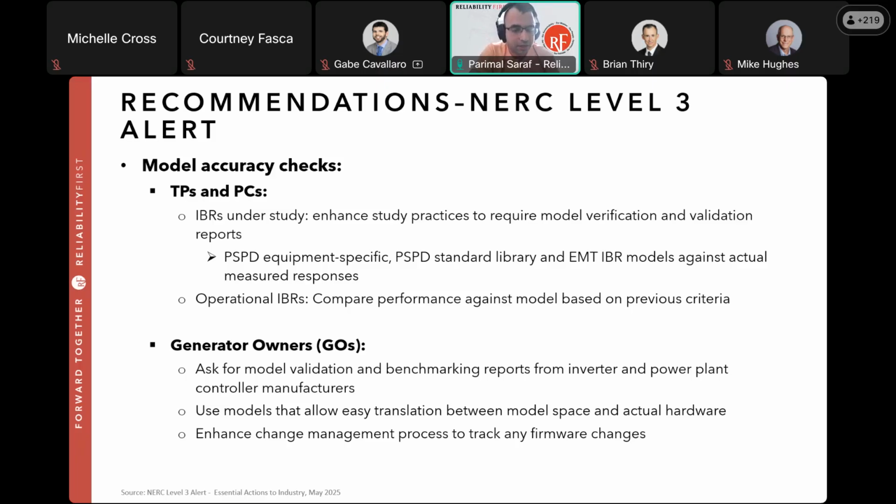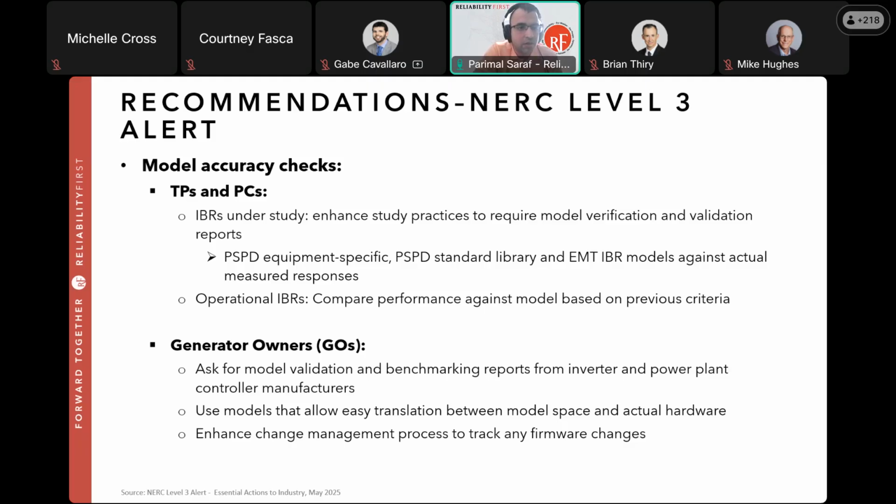In fact, in the Odessa event postmortem analysis, it was identified that a lot of issues that were observed in the field could not be replicated in a simulation environment using the models that were submitted at the interconnection stage. What came out was that the models being used during the interconnection and study process are not really adequate in terms of how they replicate the on-field behavior.